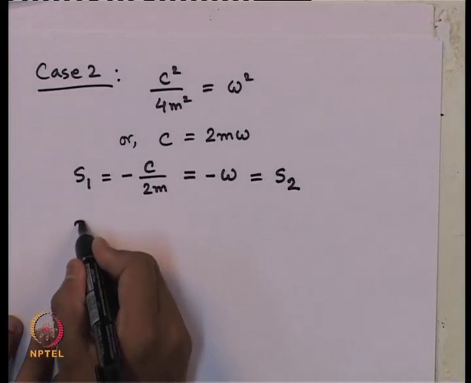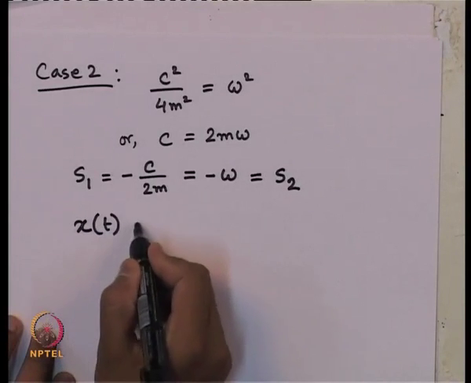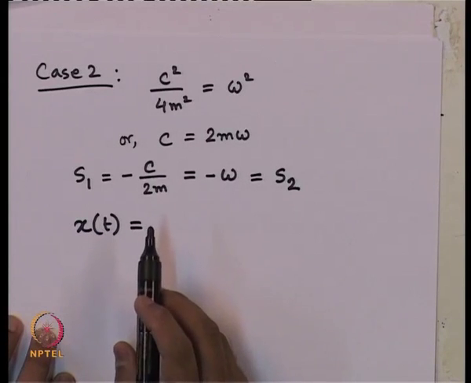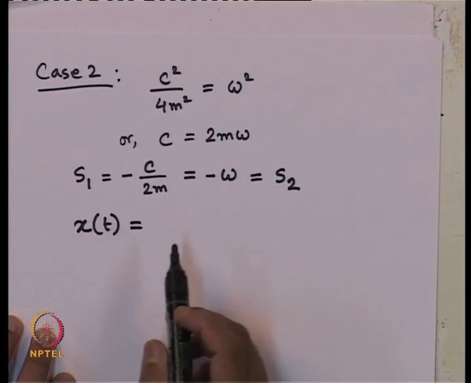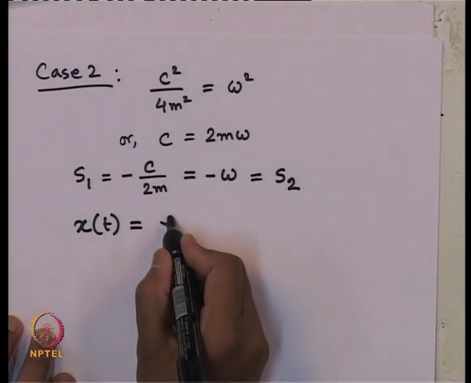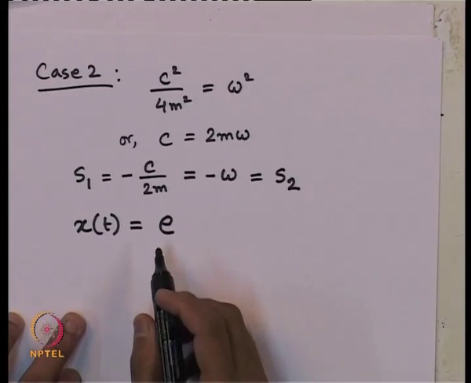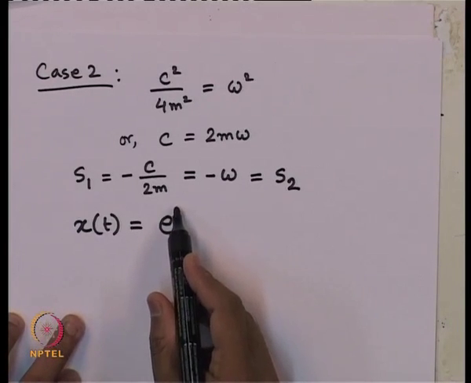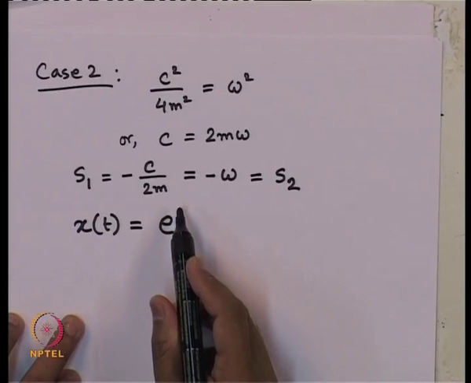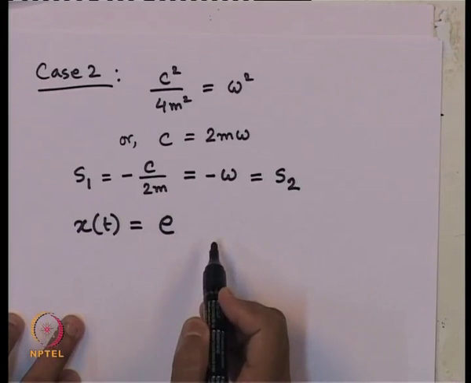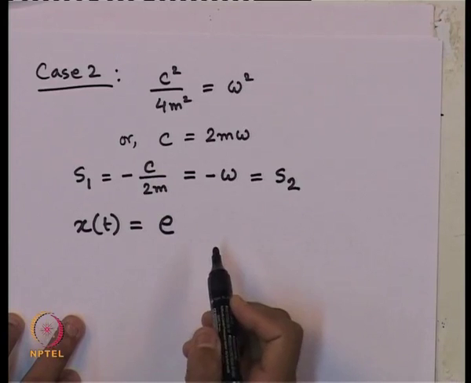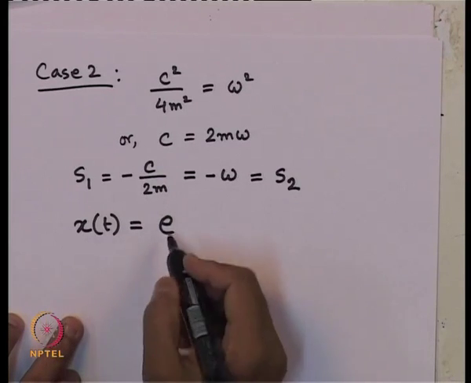So, what will be the solution for this type of case when roots are real and equal? We know the form we had assumed: e to the power of that particular equal root times t, then a polynomial function because of equal roots.